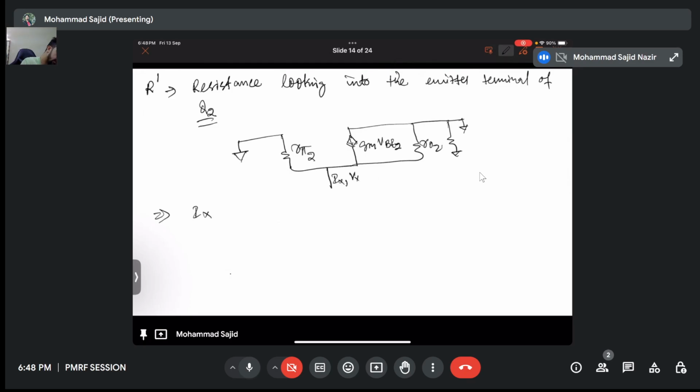So I can write Ix plus Gm VBE2 as Vx. Sorry, there is no source connected here, so I can ignore it. So this is basically V out. So this will be Vx minus V out by R naught 2.